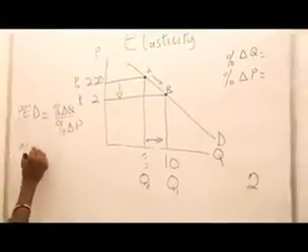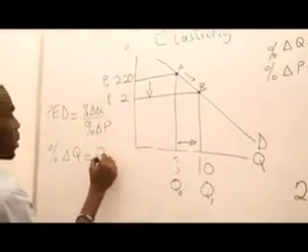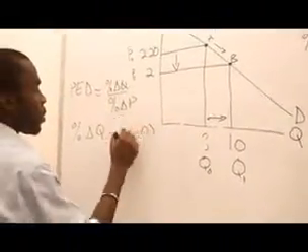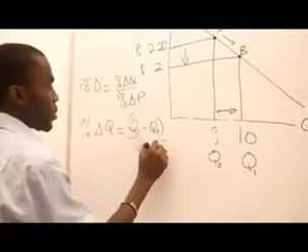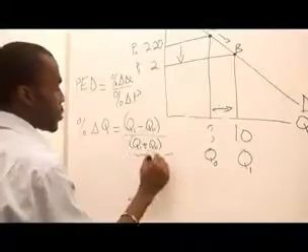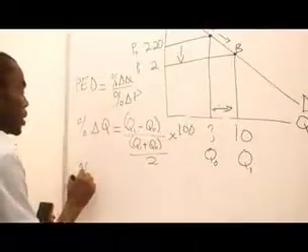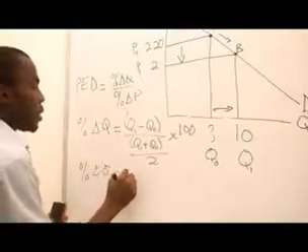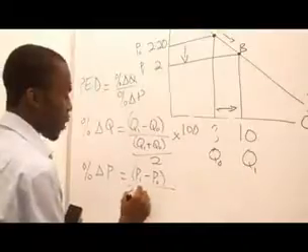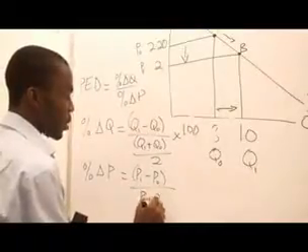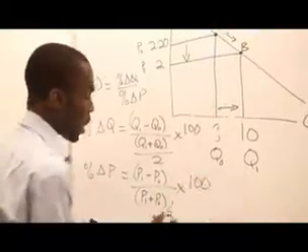But the percentage change in quantity is now Q1 minus Q0 over Q1 plus Q0 divided by 2, times 100. And then the new percentage change in price will be now P1 minus P0 divided by P1 plus P0 all divided by 2, times 100.